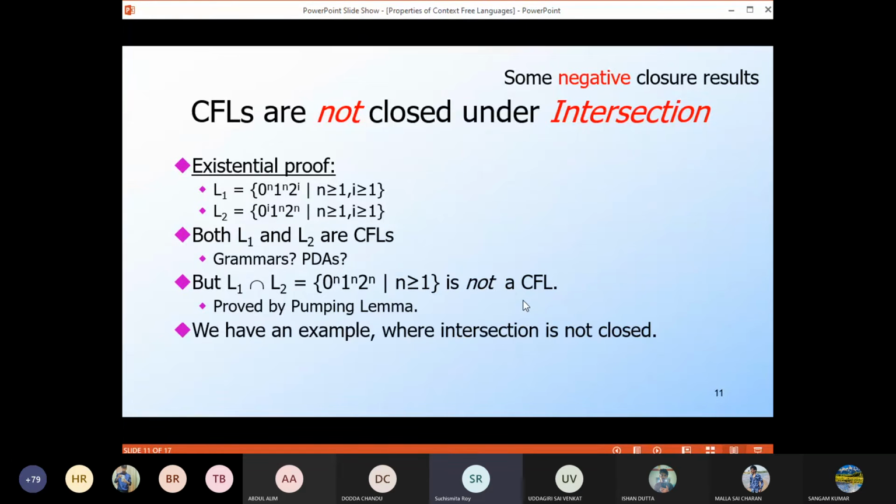So obviously intersection is not closed for context-free languages. This is an existential proof, a single particular example which shows that it is not possible. Similarly, you can come up with many different such existential proofs. So CFLs are not closed.